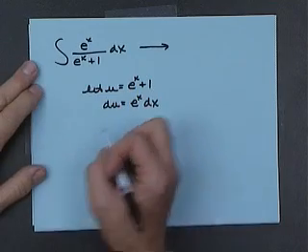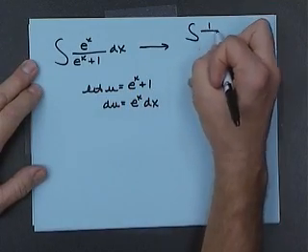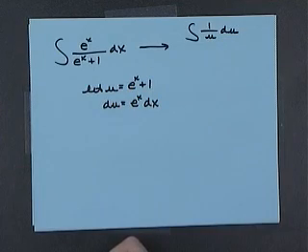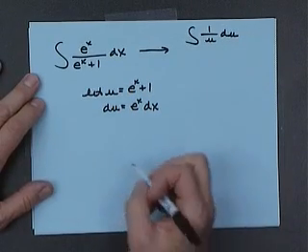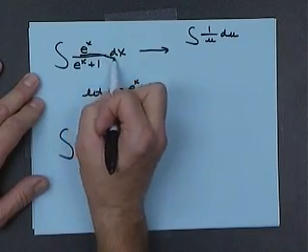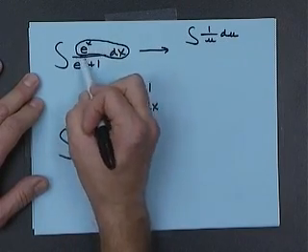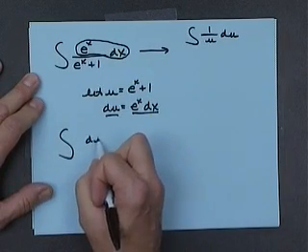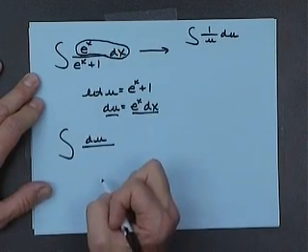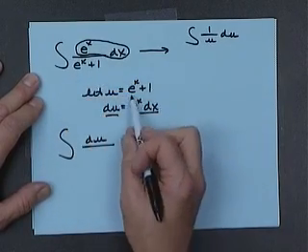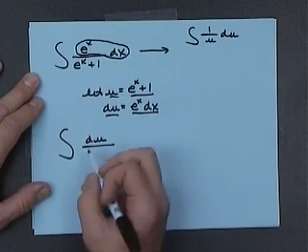So we're hoping we're going to come up with something in this format, 1 over u du. The numerator, e to the x dx, is really du, right? So we've got a du in the numerator, and the denominator, e to the x plus 1, is really u.